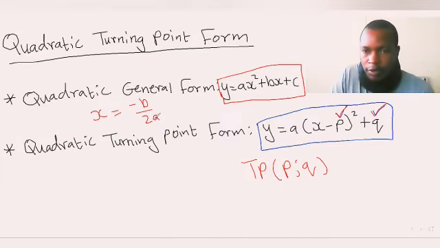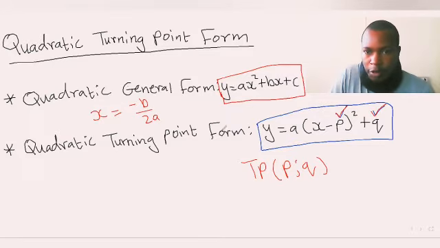So that would be how you would make use of this equation to find the x coordinate of the turning point. To find the y coordinate, which would be the q, you would then need to substitute in the x coordinate into the original equation.